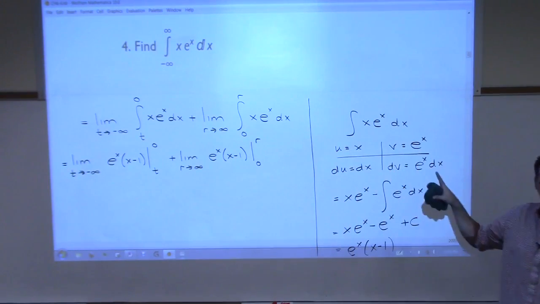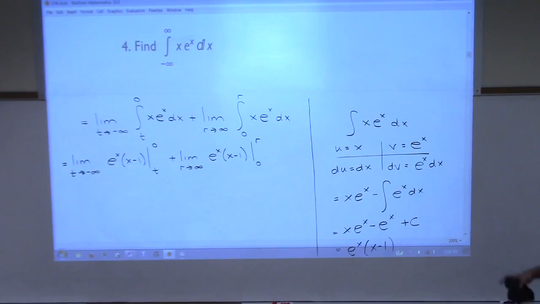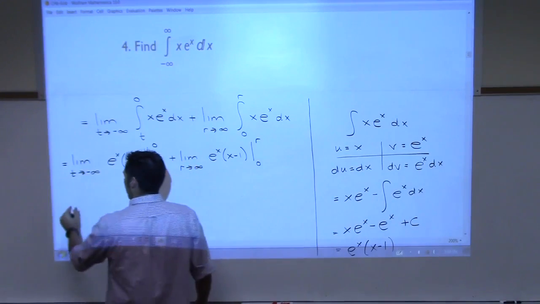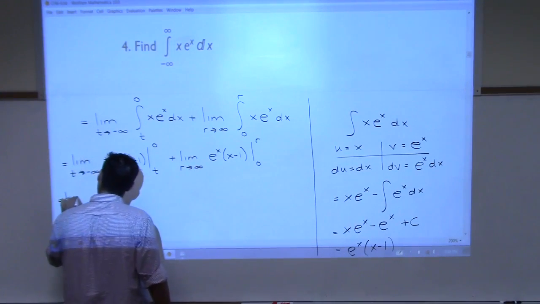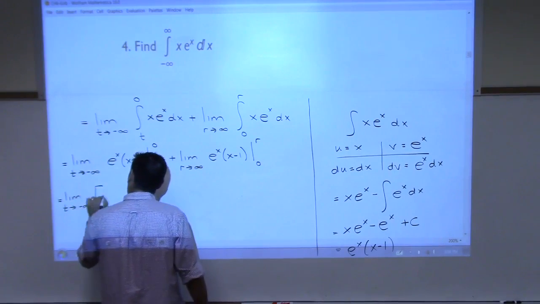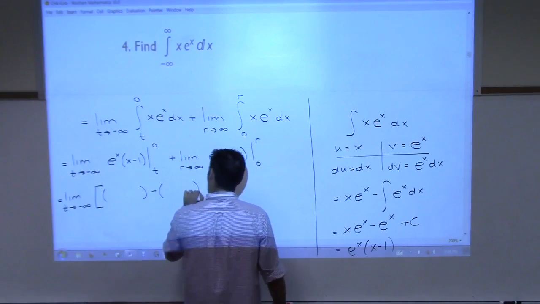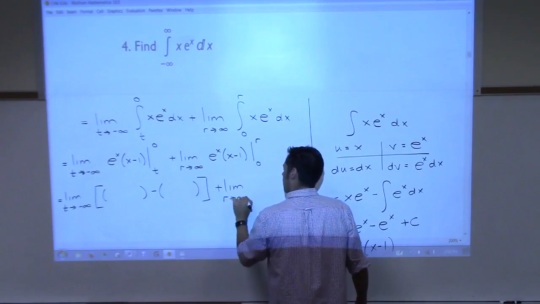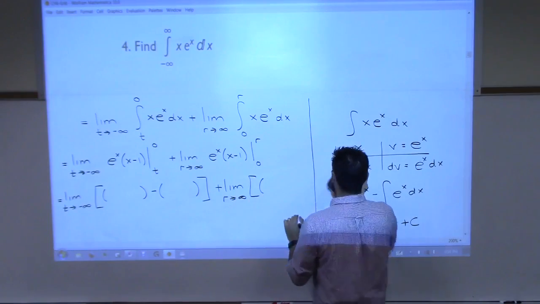You all following what I did there? Now I'm going to have the brackets and the 2 sets of parentheses and the subtraction and all that, so let's do that. Writing down the limit again. Are you tired of writing the limit down yet? 2 sets of parentheses. Then I'm going to have plus another limit, another bracket, 2 sets of parentheses.